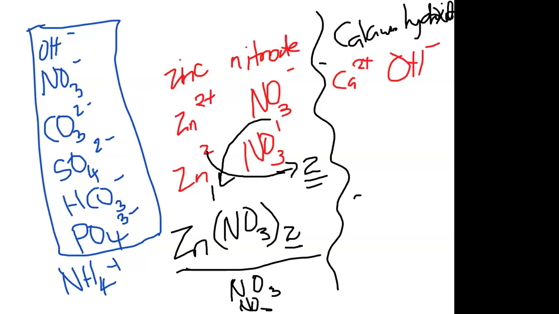Then we are going to rewrite the formula. What I'm doing is rewriting the formula without the plus or the minus sign. So we write the formula of the ion without the plus or the minus sign, OH1. So I swap the valency.